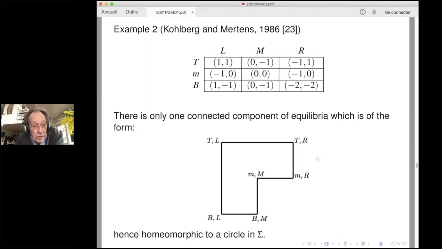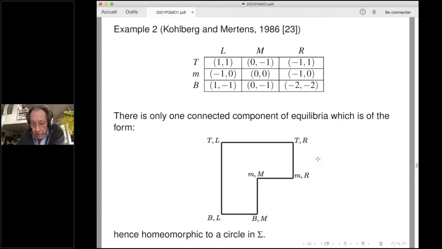Okay, so this is homeomorphic to a circle. Why is this interesting? It's because the Euler index of the circle is 1, okay? And this implies that this component cannot be an attractor for a dynamic.